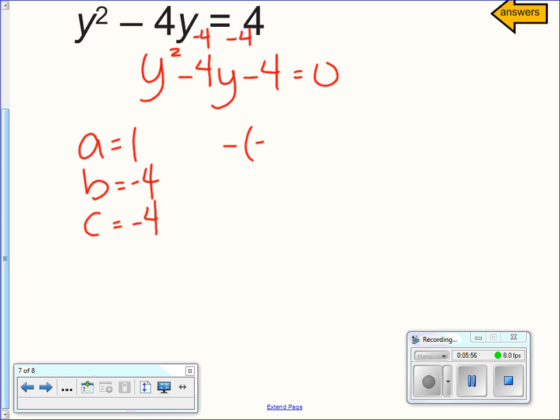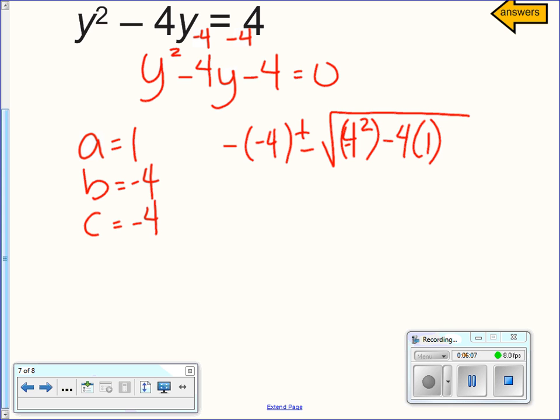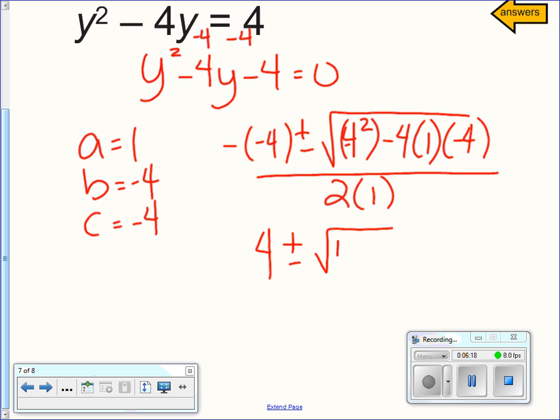So -4 plus or minus the square root of 4 squared, -4 squared, minus 4 times 1 times -4, all over 2 times 1. So that's 4 plus or minus the square root of 16 plus 16 over 2.